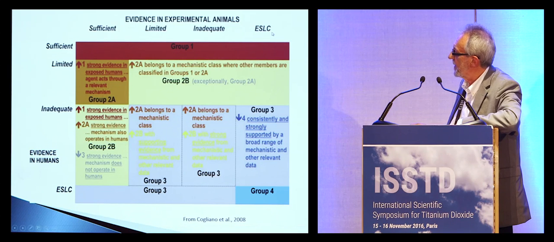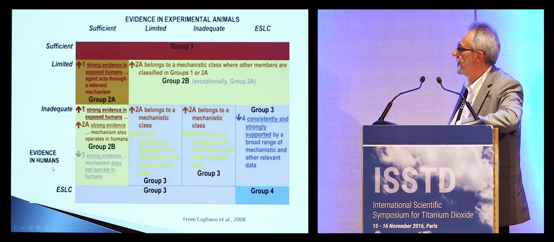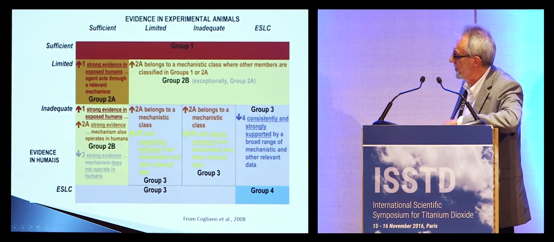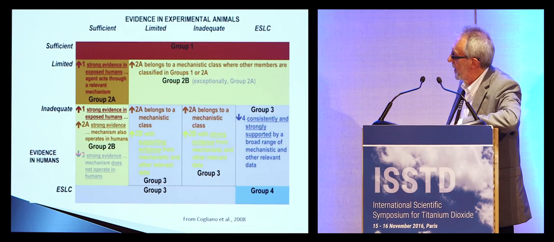So what we have here are sufficient, limited, inadequate data in animals, and then sufficient, limited, inadequate data in humans. So for example, let's take the situation with TiO2, and I asked the question yesterday whether the animal carcinogenicity data are considered sufficient. So we have inadequate or no evidence in humans, so we're down, but sufficient evidence in animals, so we're down here.